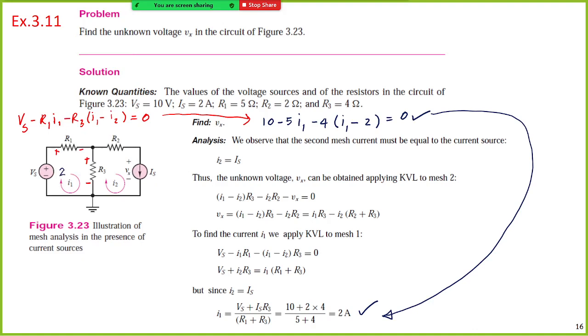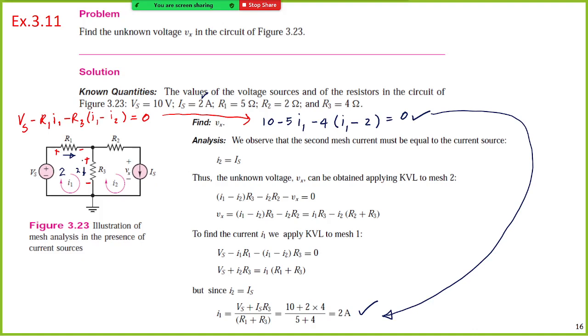So the current flowing here is 2 ampere, and the current flowing here is 2 minus how much? 2 ampere. So no current flows through R3 in fact, because it's 2 ampere minus 2 ampere. I is 2, correct or not? Yes, 2 ampere.